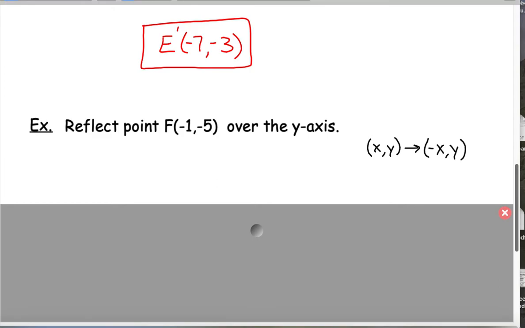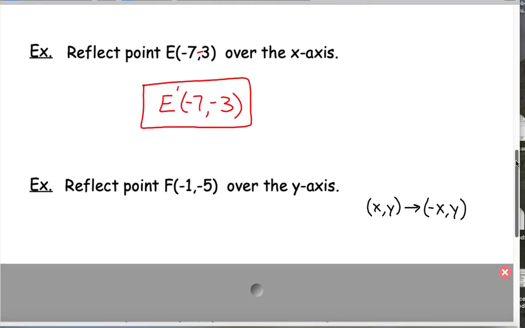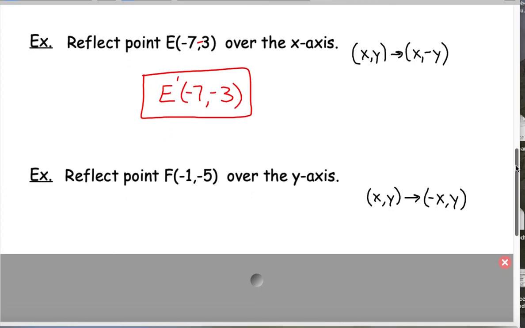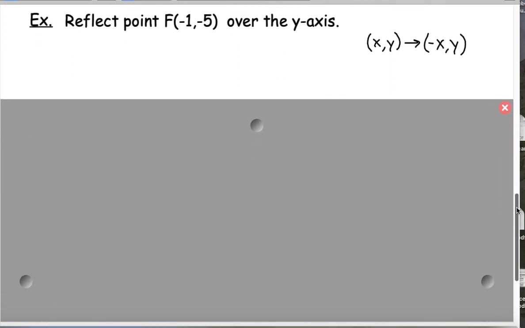So the y number stayed the same. And so it might be helpful to actually write these rules before you go ahead and apply them for each individual problem. Okay, so if I apply this rule, the y number stays the same. So that stays a -5. The x becomes the opposite, so it becomes a +1. So 1, -5.